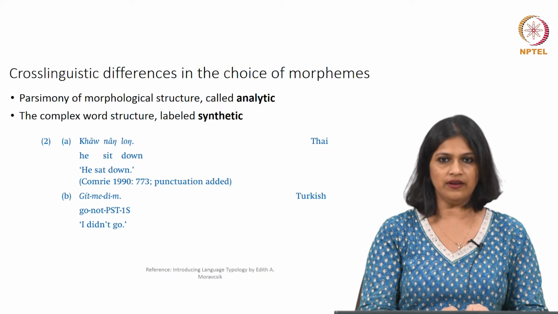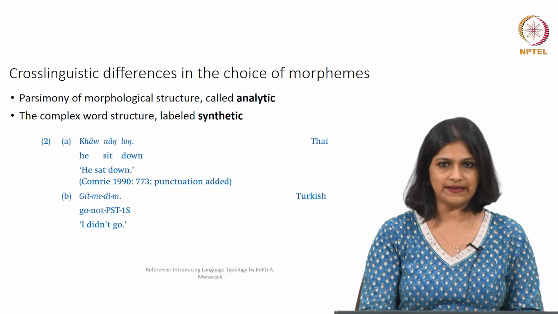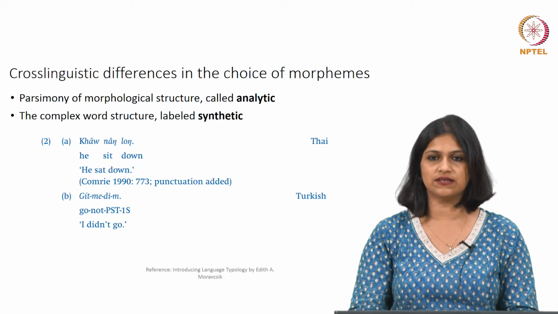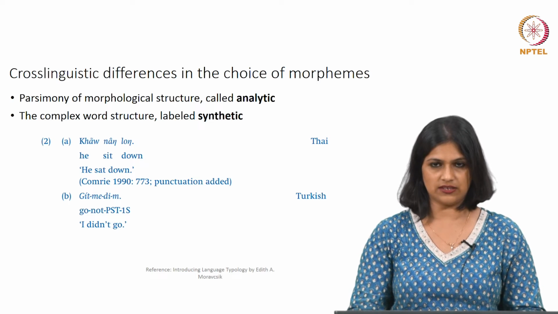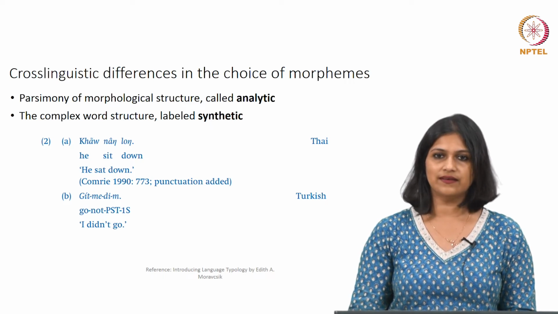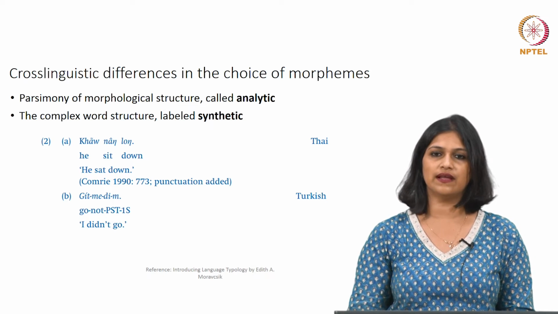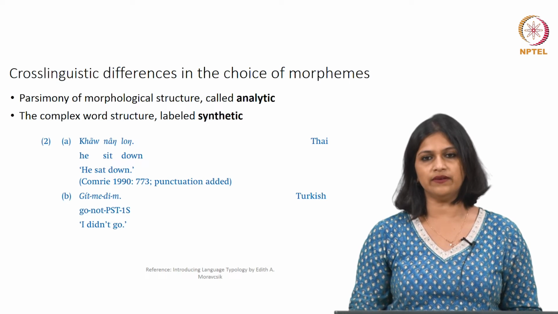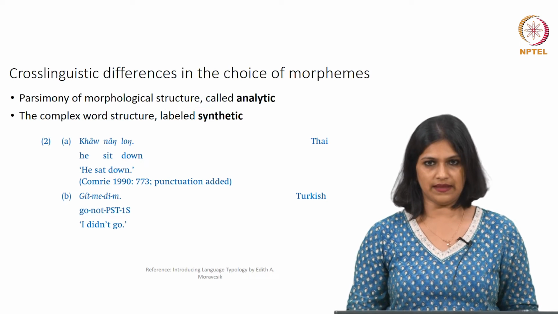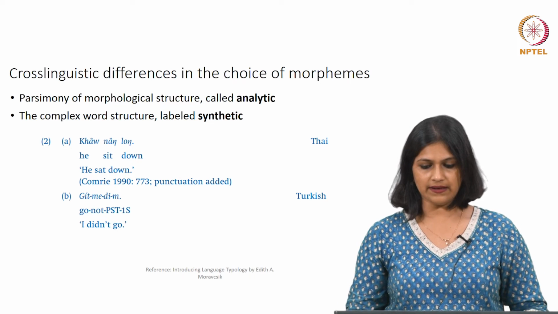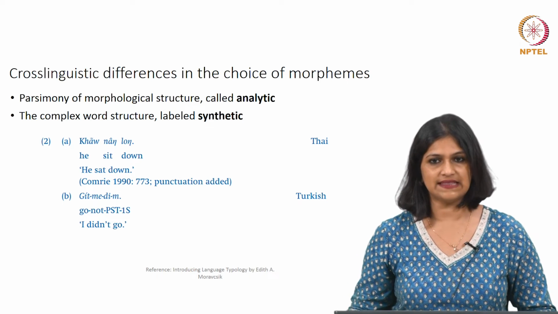Either they fall under the category of analytic pattern or synthetic pattern. So, this is the first typological word that I am introducing in this discussion. However, it is not always clear whether a particular language is always analytic or always synthetic. Rather, we will put it on a spectrum. There are certain languages which have more analytic features, and certain languages which have more synthetic features.